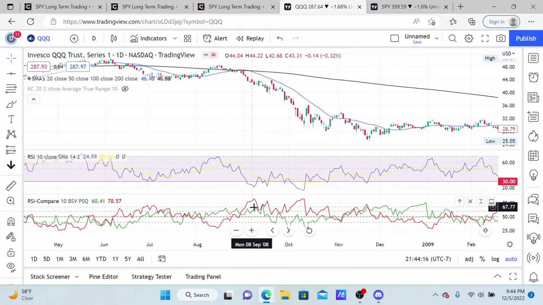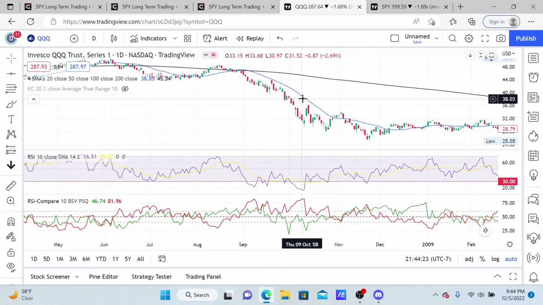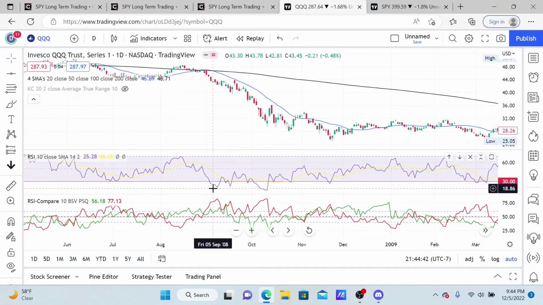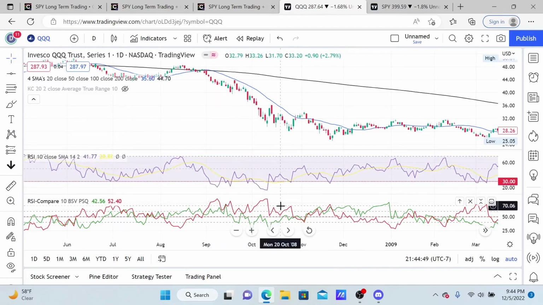So you can see here they sort of are correlated, but not exactly. So what this does in a downtrend is sort of gives me a get in and get out feature. So BSV is the green line and PSQ is the red line. So below this 20-day moving average, the strategy is going to follow whichever one has the stronger RSI. You can see PSQ is higher pretty much this entire period.